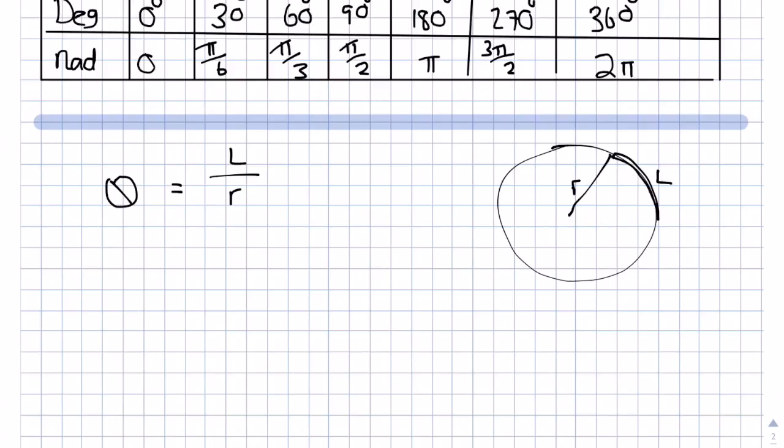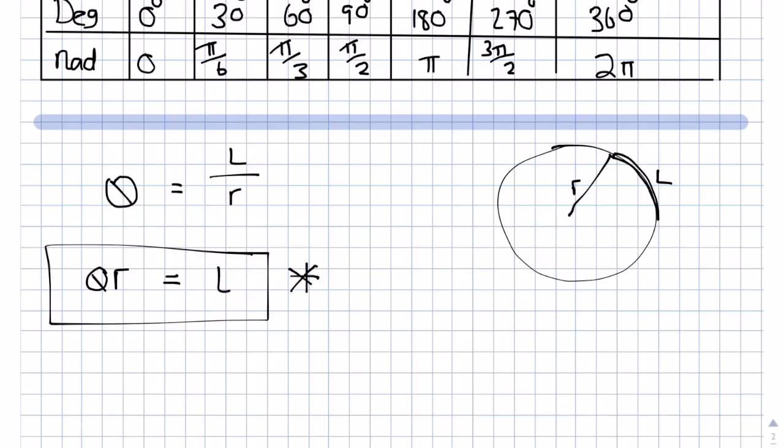Rearranging that, multiply both sides of the equals by r, and we have the angle multiplied by the radius will give me the length of the arc. So that's a formula that will come in handy for us. The length of that arc there is the radius multiplied by the angle, but very careful, that angle must be in radians, not degrees.